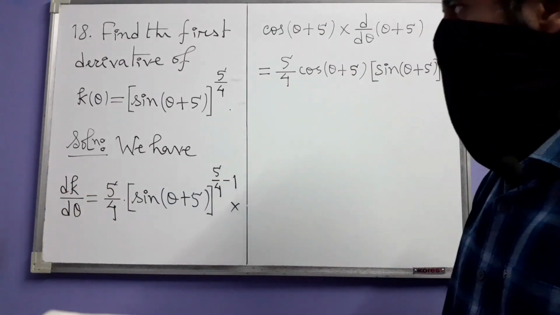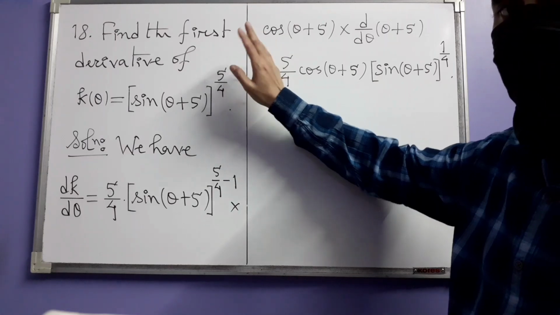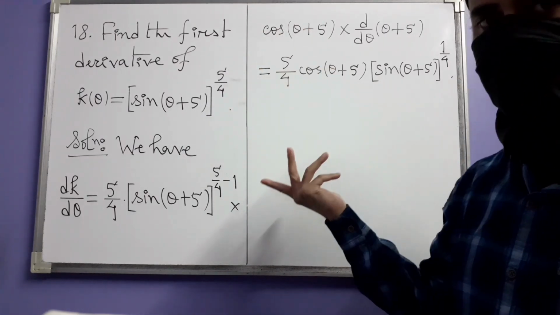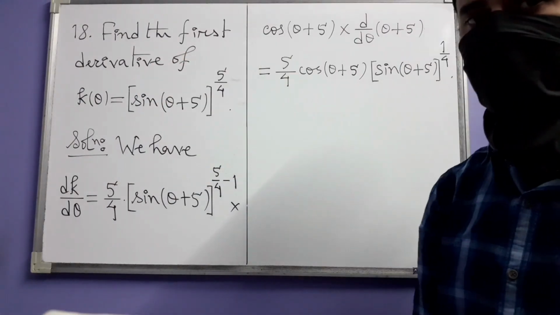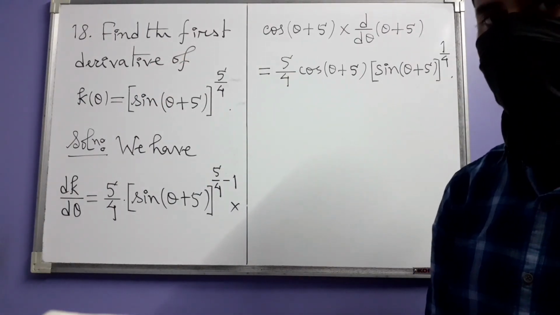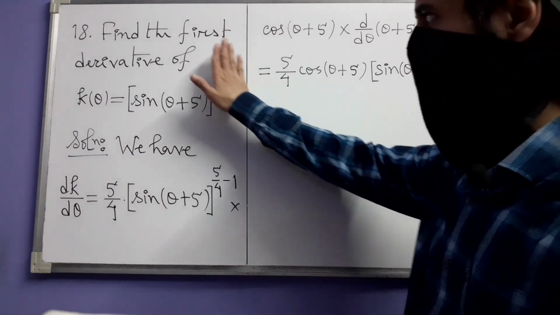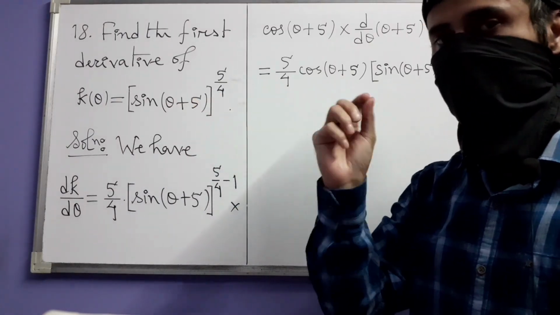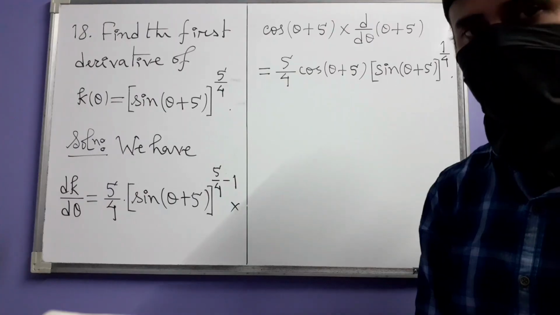It's understood that it is k. dk/dθ is equal to, so first of all you will differentiate the outermost room, this power room, with our usual formula for rational powers, keeping the inner room intact, sine of (θ + 5). What does that mean actually? It means that you are differentiating this entire power with respect to sine of (θ + 5), as if sine of (θ + 5) itself is a variable.